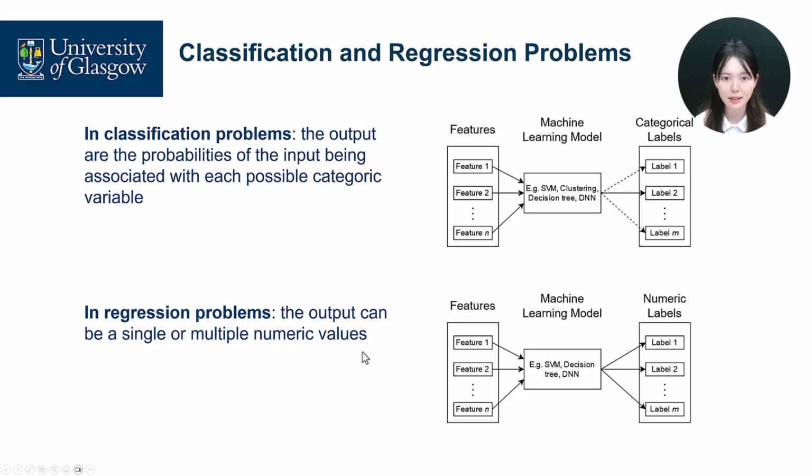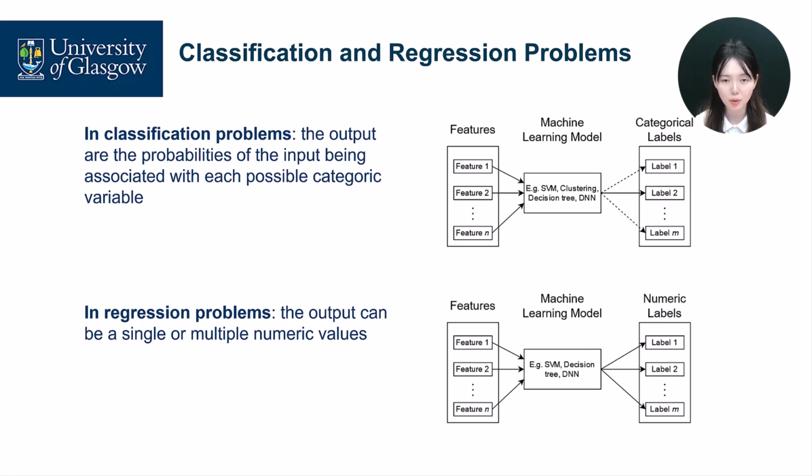On the other hand, regression models predict continuous values rather than categorical ones. In a regression problem, the goal is to estimate a continuous output, such as predicting house prices based on various features.